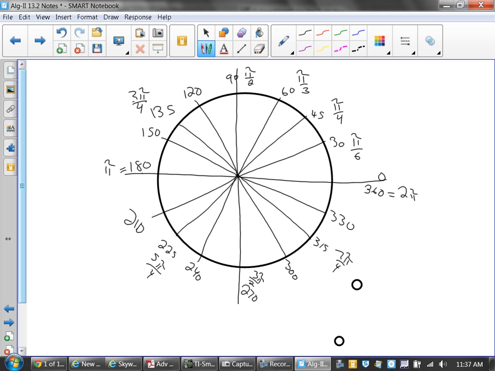What we're doing here is we're easily and quickly converting degrees to radians by using the following formula. And this works for all of us. Take your angle in degrees times pi over 180.